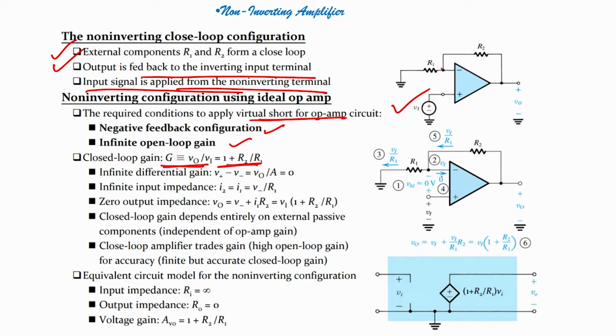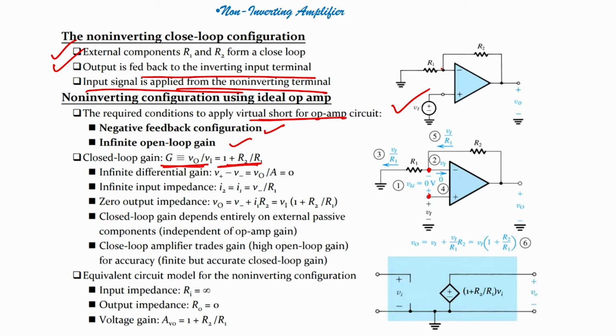So let us see, R1 is here, which is grounded, R2 is here, and because of the virtual ground concept the difference voltage is 0. Whatever voltage is at the non inverting terminal, the same voltage you will have at the inverting terminal.